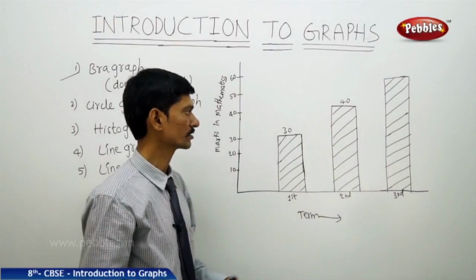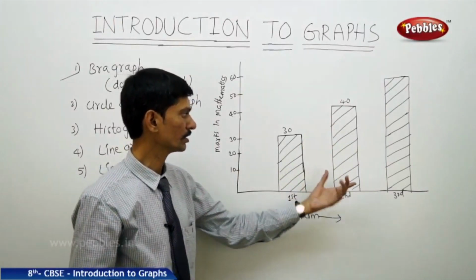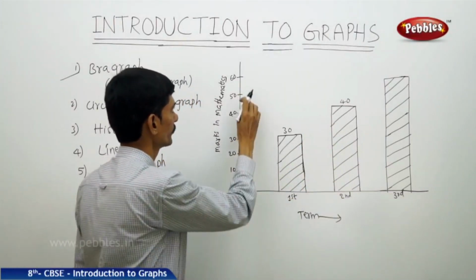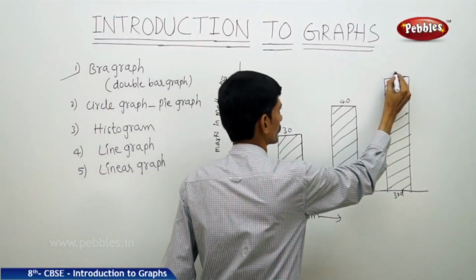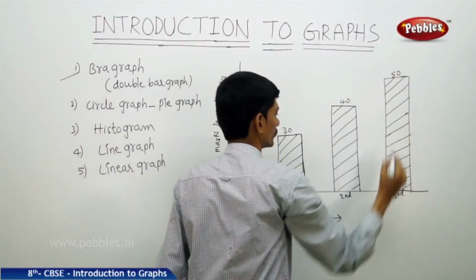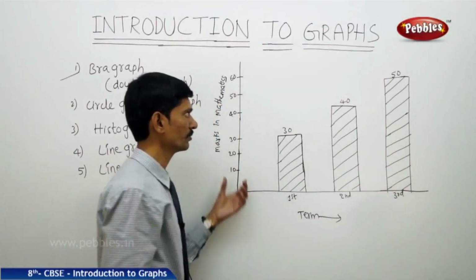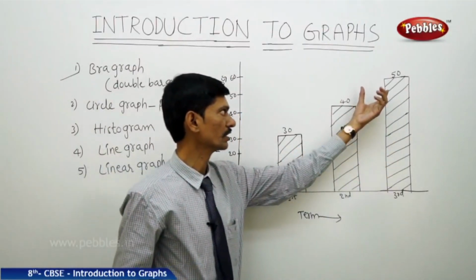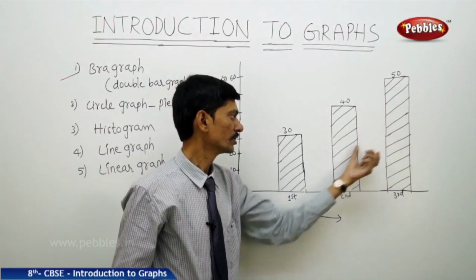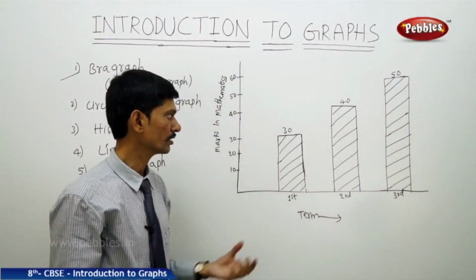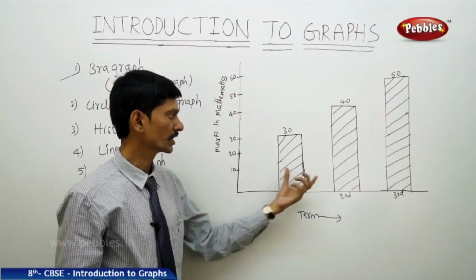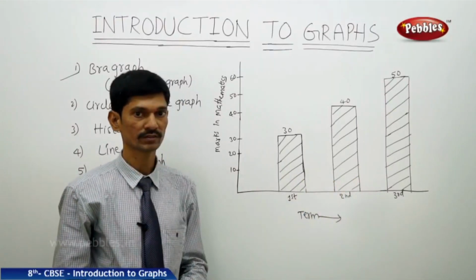And in the third term exam he got 50 marks, so to show the 50 marks there is another rectangle. So these three are the vertical rectangles to show the first term, second term and third term examinations.